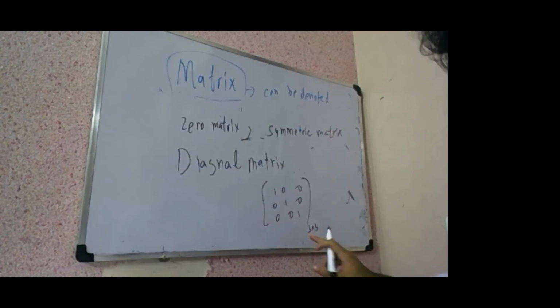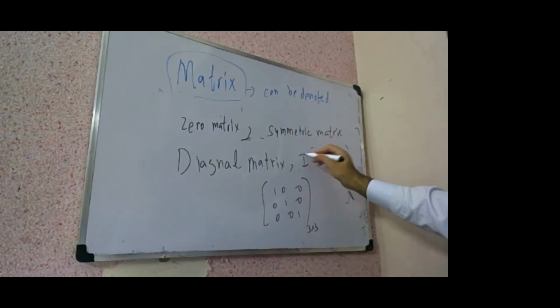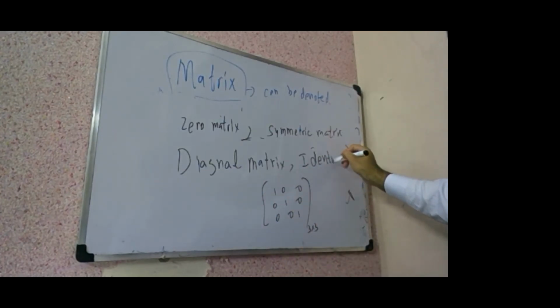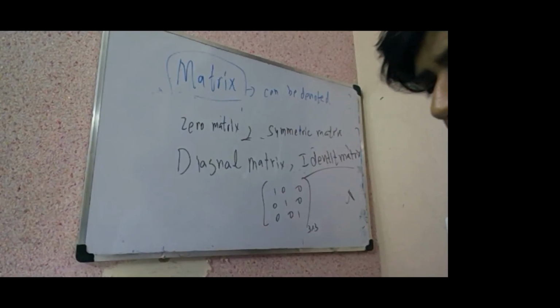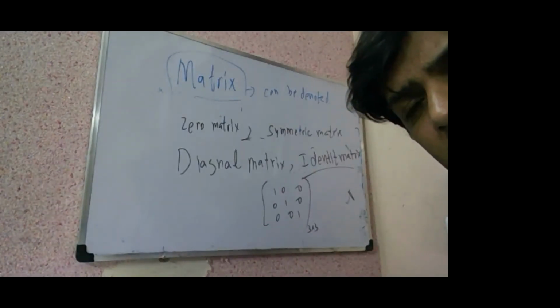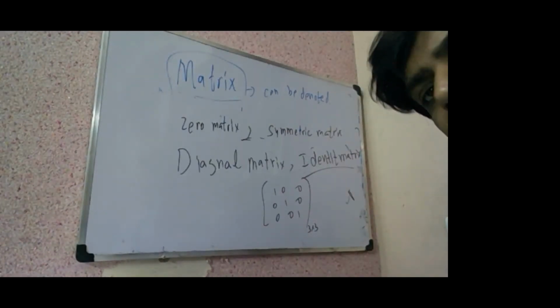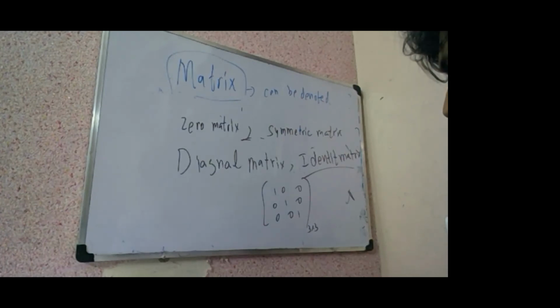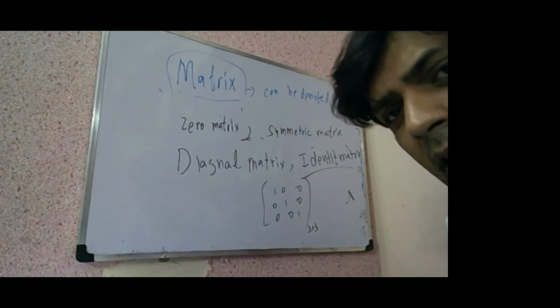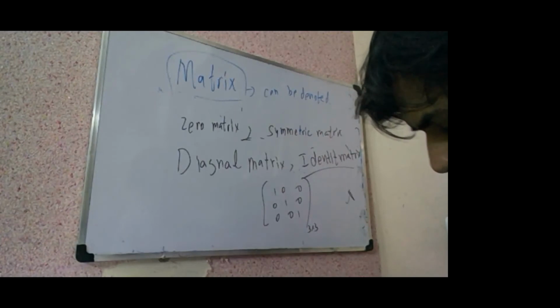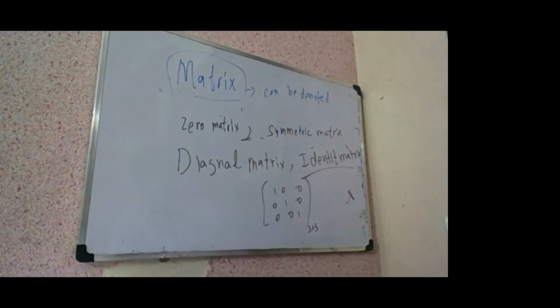This one we call the identity matrix. What is the beauty of the identity matrix? If you multiply the identity matrix with any matrix, it will give you the same matrix, okay? Just like multiplying any number with 1 gives you the same number. That's known as the identity matrix.